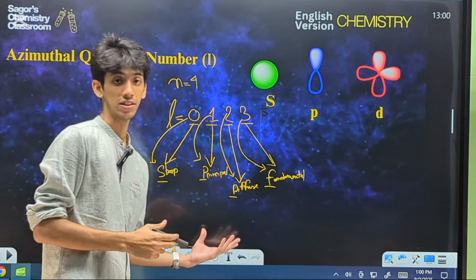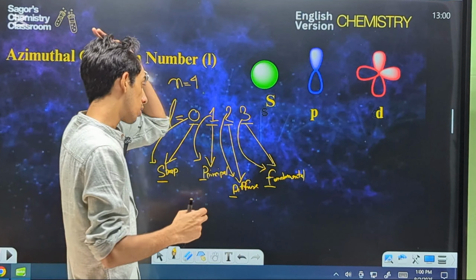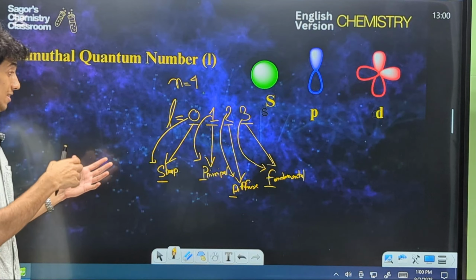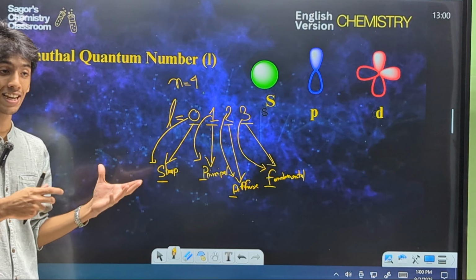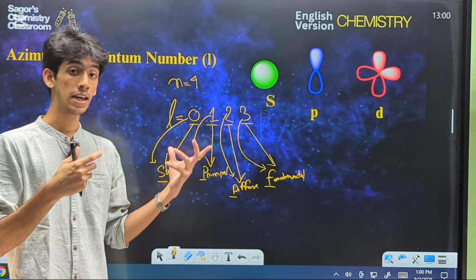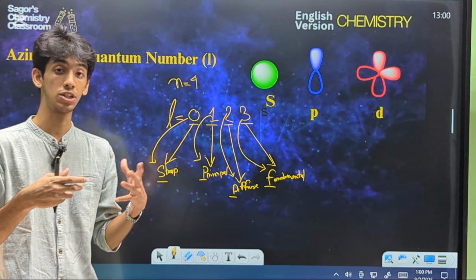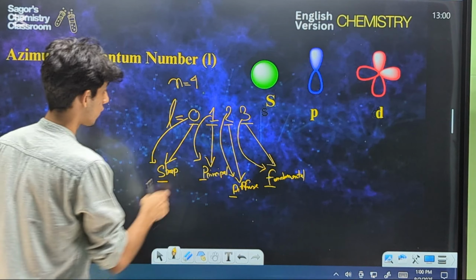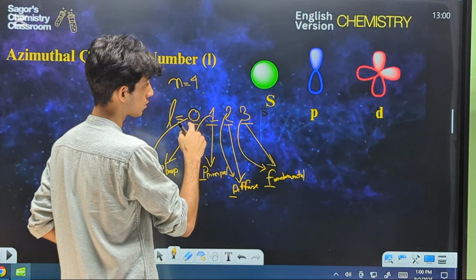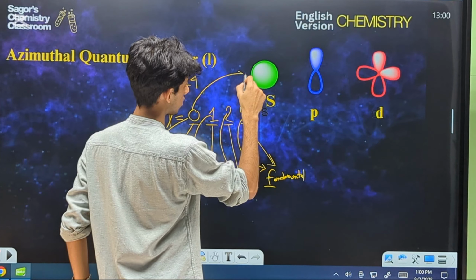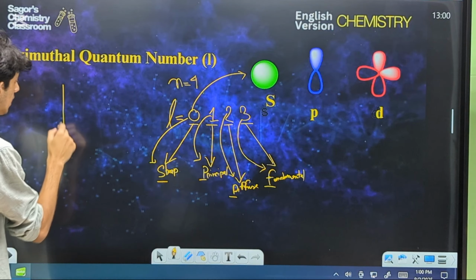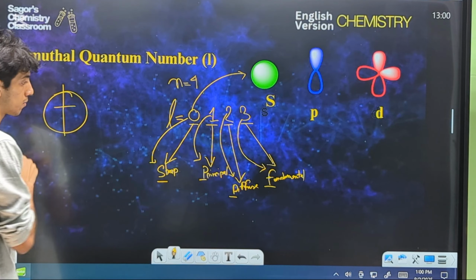In class 10 you have learned this. So earlier I've said that the value of the azimuthal quantum number denotes the shape of an orbital. For the value of L equals 0, the shape of the orbital will be like this. The electron will rotate in a circular motion.